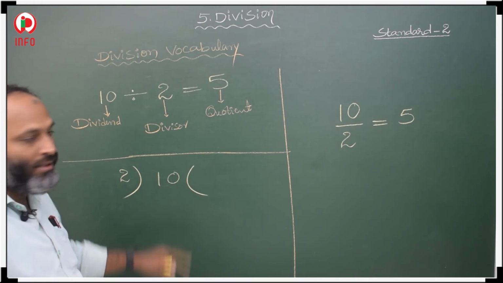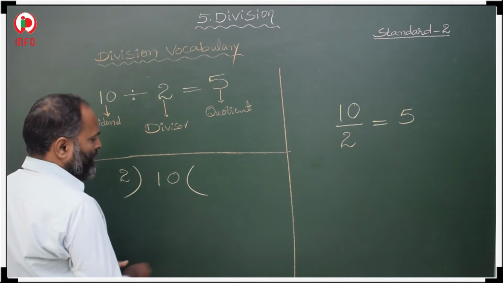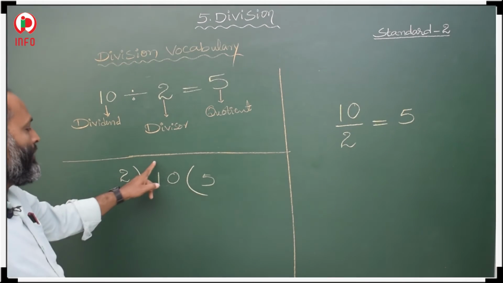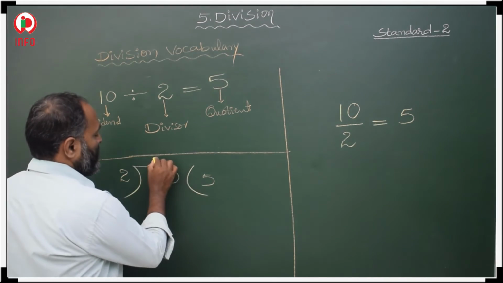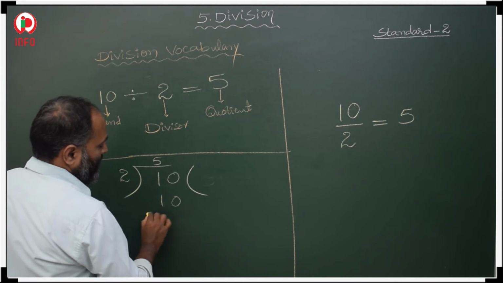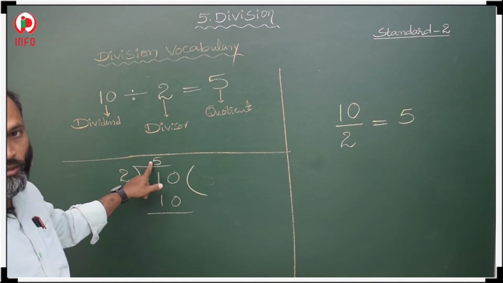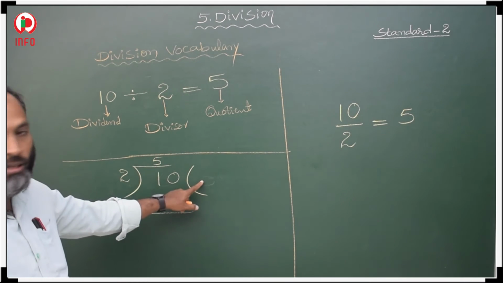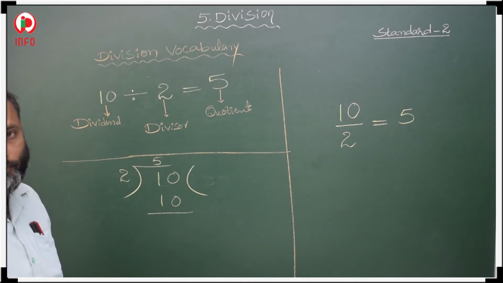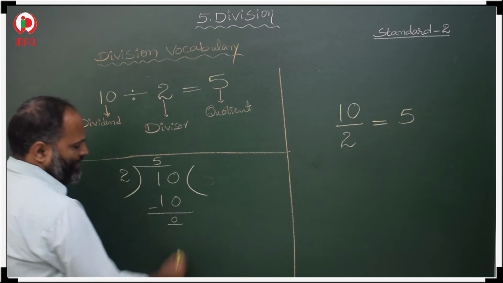In this way also, 2 5s are 10, so anywhere you can write the 5, here or here, that is your wish. 2 5s are 10, that 10 we have to write here. Then 10 minus 10 is 0.